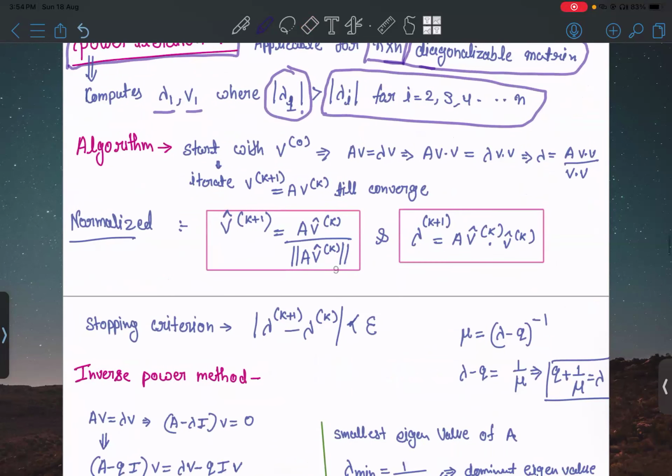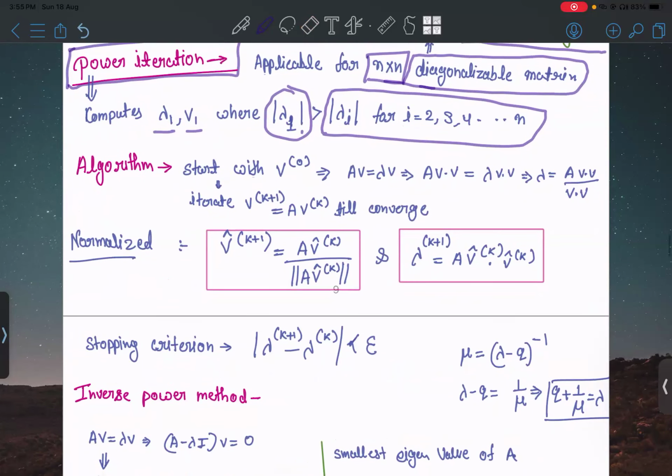So how will this algorithm start? I will assume some eigenvector. Then I will solve for the eigenvector at the k plus 1th iteration, which equals A multiplied by v at the kth iteration, till convergence.